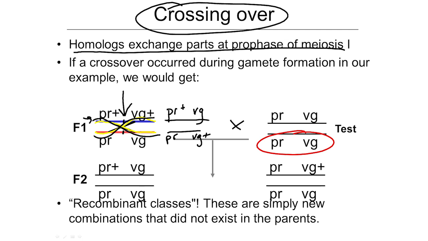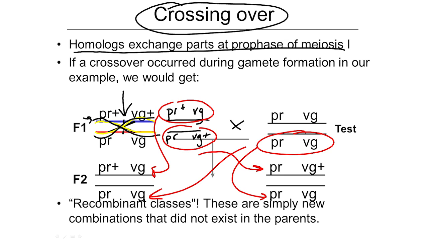Just like before, the test cross parent can only donate that chromosome there. So this parent in which a crossover occurred can donate this to the offspring or donate that.